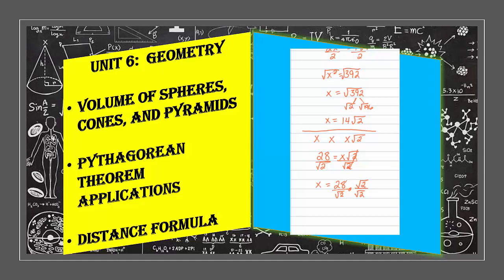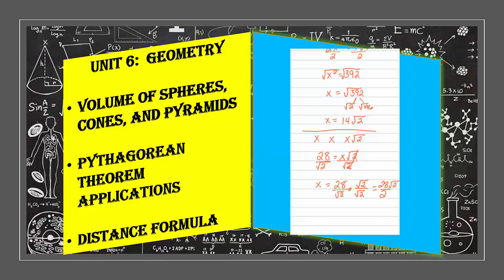Now, in order to make sure that I remain with an equivalent fraction, whatever I put in my denominator, I'm going to also put in my numerator. So I'm multiplying by root 2 over root 2, which is the same thing as multiplying by 1. It's just working in a way that will clear out our radical from the denominator. Root 2 times root 2 is equivalent to 2. 28 times root 2 is the same as 28 root 2.